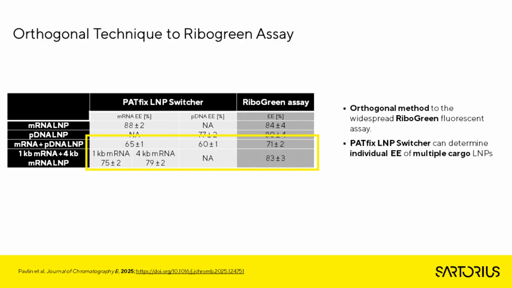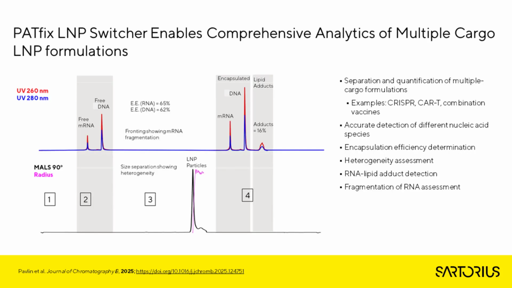But when we use our PATFIX LNP Switcher, we can nicely determine the encapsulation efficiency for individual encapsulated cargo. So here I have one example chromatogram of the particles in which mRNA and DNA were co-encapsulated.